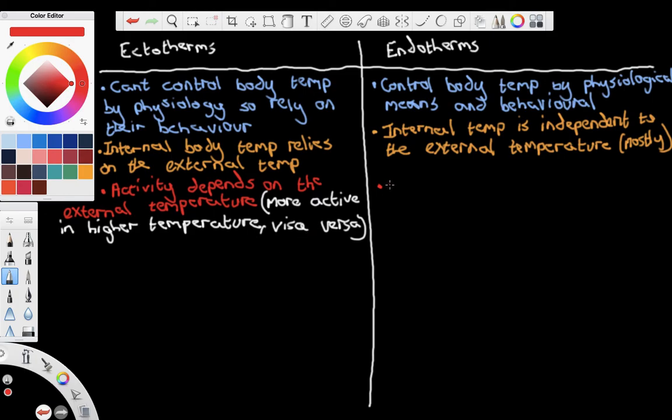So we can say that activity is independent of the external environment.